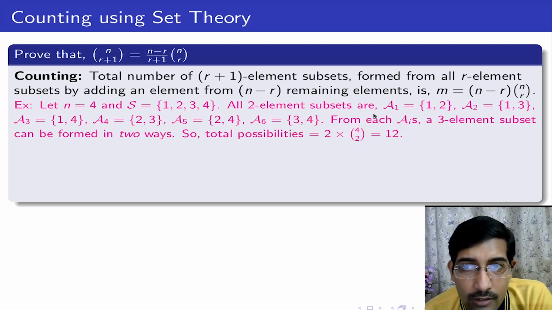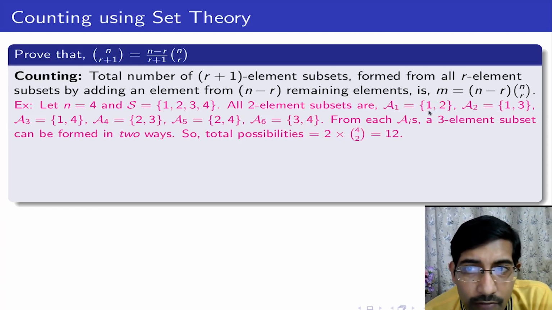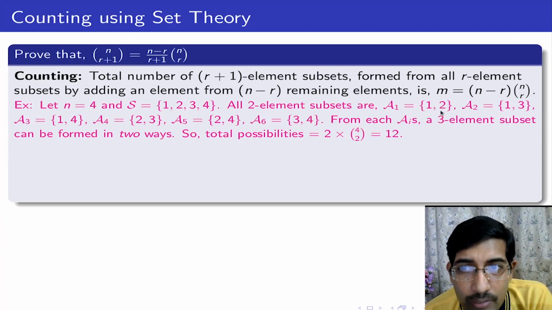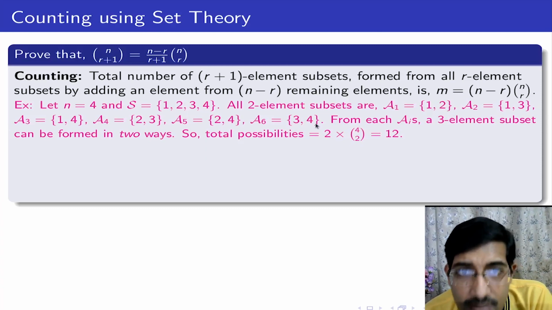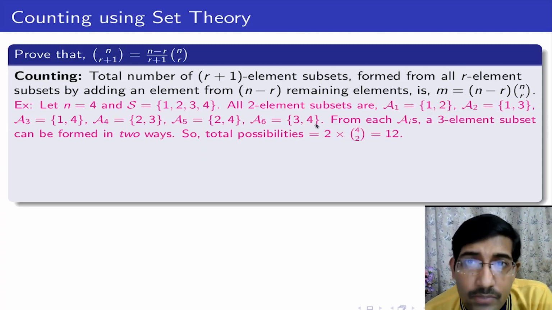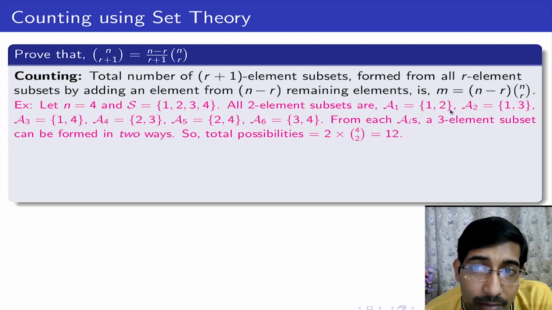First of all, let us count how many 3 element subsets are possible if I build them from each of these 2 element subsets. From A1, I can add 3 to make the set {1, 2, 3}. I can also add 4 to make the set {1, 2, 4}. Both have 3 elements. So for each of these nCr subsets, I can take the n minus r remaining elements and put them in.